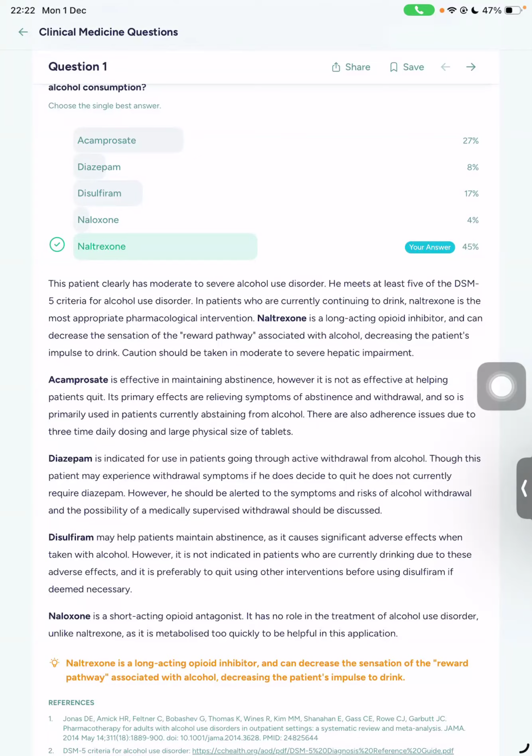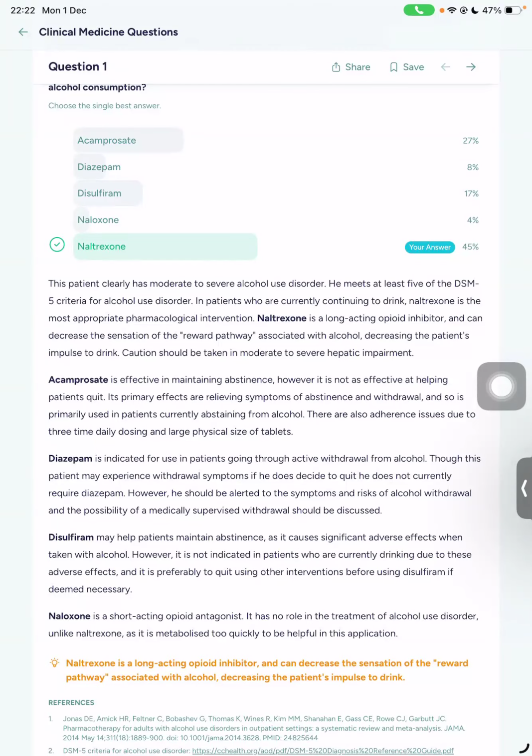There are also adherence issues due to the 3 times daily dosing and large physical size of the tablet. Why not disulfiram? It may help patients maintain abstinence as it causes significant adverse effects when taken with alcohol. However, it is not indicated in patients who are currently drinking due to these adverse effects.